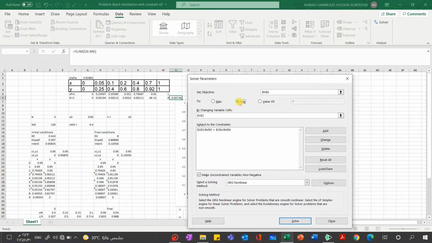You want it to be minimized, the total of error. Then by changing the alpha value, which is this, and the constraint, y predicted must equal the y value. Solve.